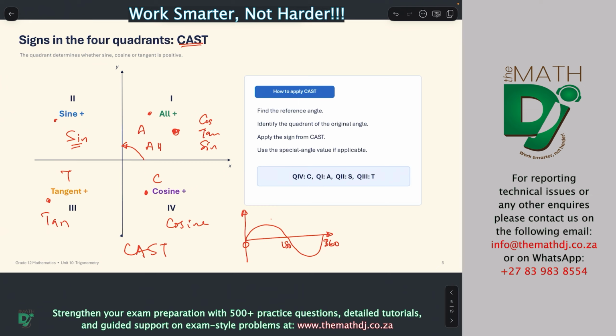Here it's 90, and from here to here it becomes 180. From 0 to 90 it is positive, then from 90 to 180 it is still positive. But once it goes above 180, it is negative. Here it will be plus 1, then here it will be negative 1. That's why it's negative here and here.